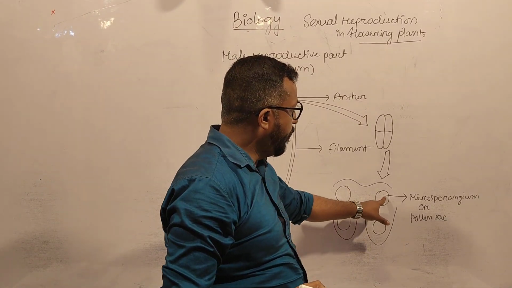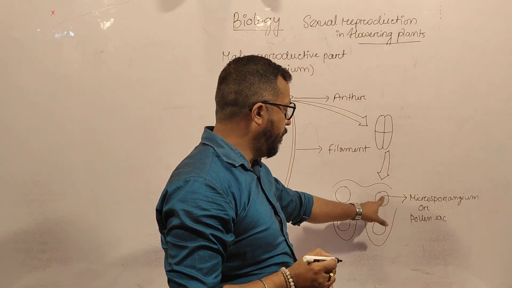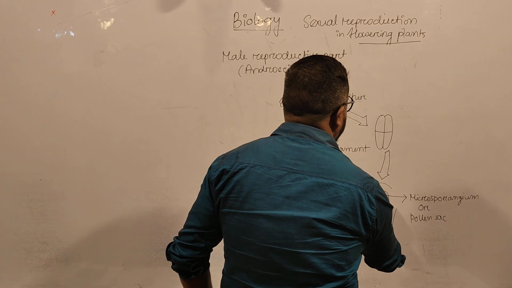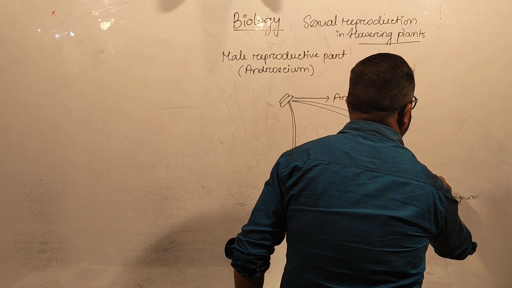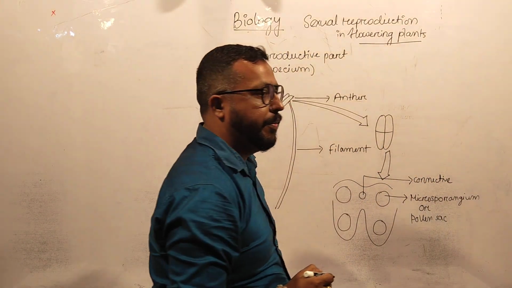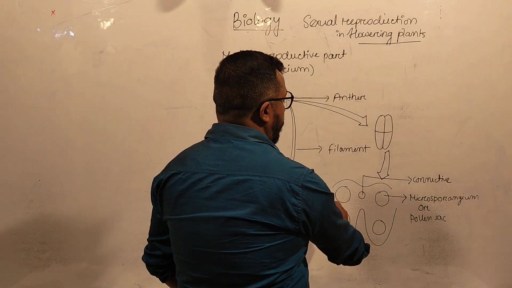It contains pollen. Each of these contains pollen. Thousands and thousands of pollen in each of the pollen sacs. There is a single connective tissue in here which is known as connective. This is called connective.